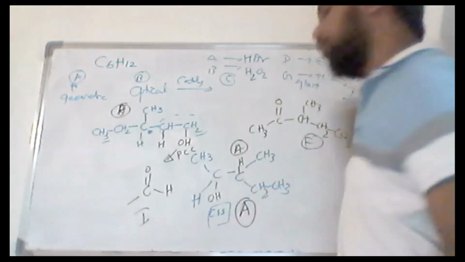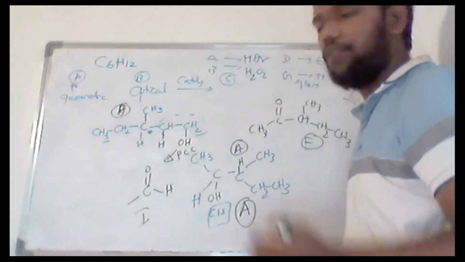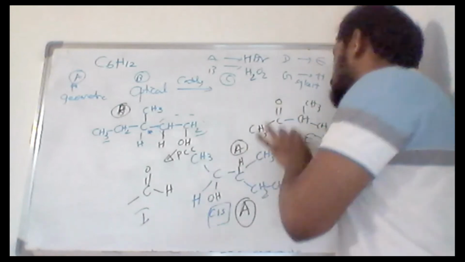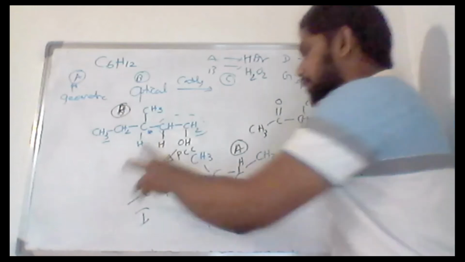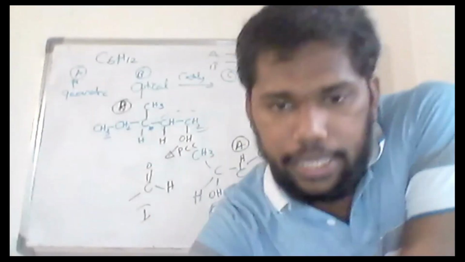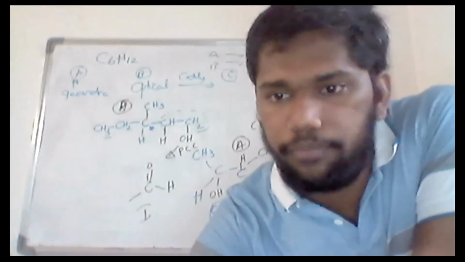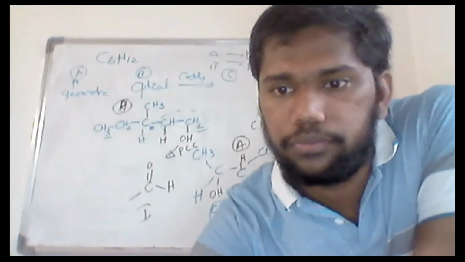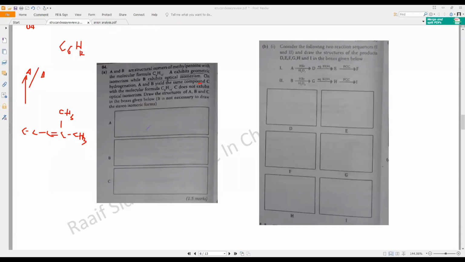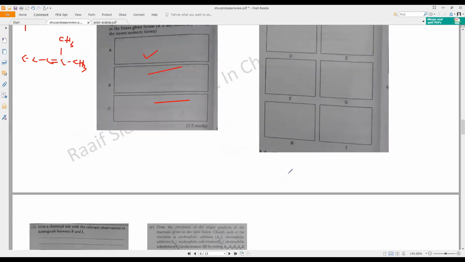Okay. And this is from A, which gives F, and this is from B, which gives I. So clearly you can see we have obtained at the end of this reaction pathway one ketone and one aldehyde. This is what they have tested again in the next part. So here we have drawn A, B, and C, and we have identified all these structures up to now.